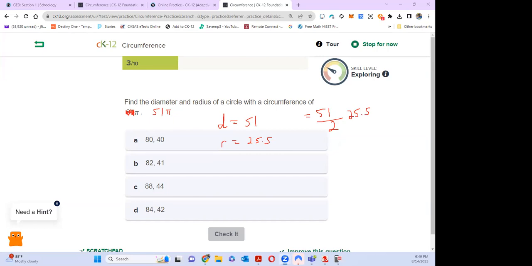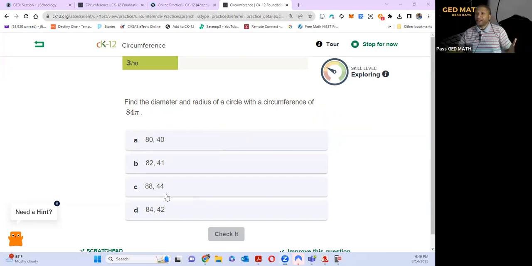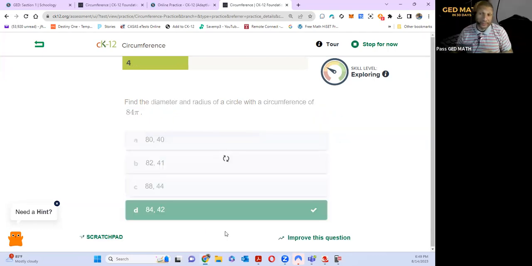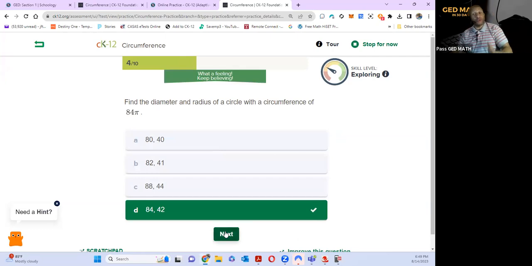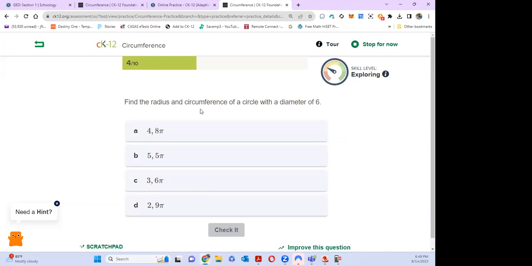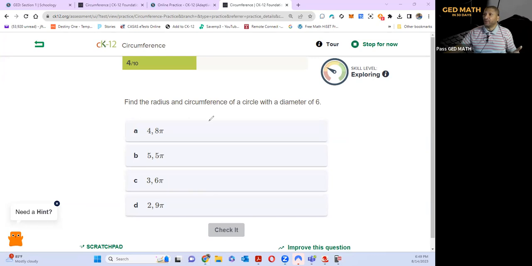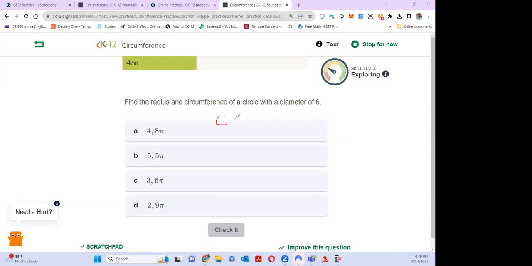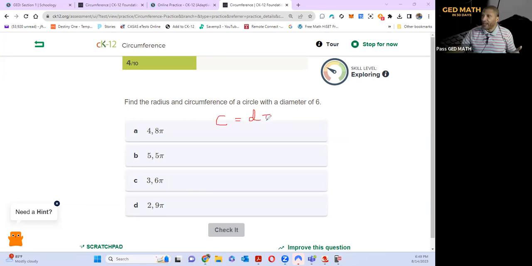These are the types of questions. And listen, you may think this was hard. If you do, that means you need to walk through step by step and keep practicing. Find the radius and circumference of a circle with a diameter of 6. So circumference equals D times pi.